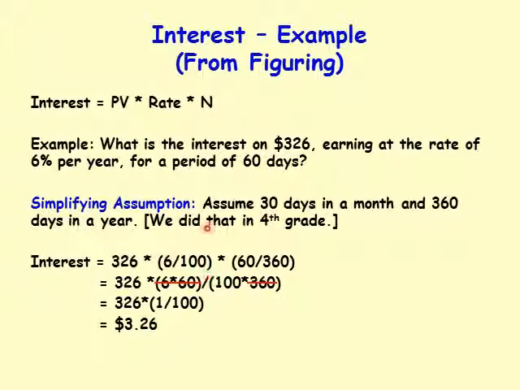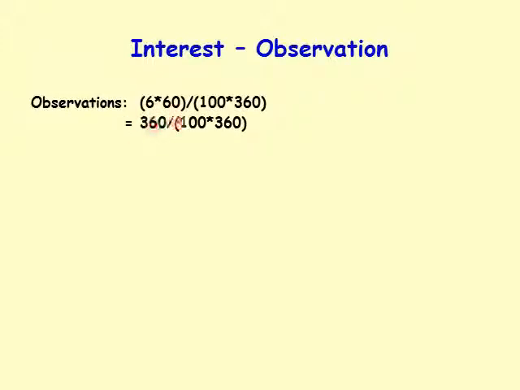$3.26. So for this example, it's simple because of the 360 in the numerator and the 360 in the denominator. Okay, so we just use this observation here: 6 times 60 divided by 100 times 360, that was involved in the previous calculations. 360 is a common factor of the numerator and denominator of this fraction or ratio.